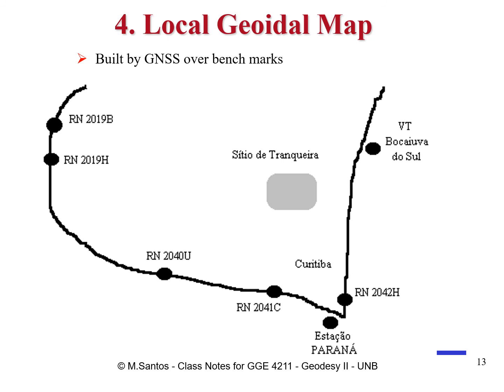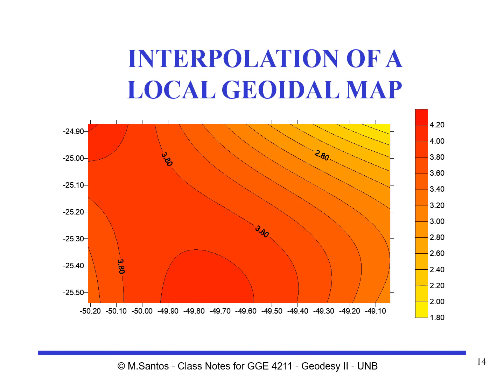So we have these benchmarks that were located around two highways, and this is a geodetic marker which had orthometric heights, and we were interested in getting the geoidal height for this point in here. So we did, of course, GNSS on benchmarks, and the values of N were interpolated, and voila, this is the local geoidal map.